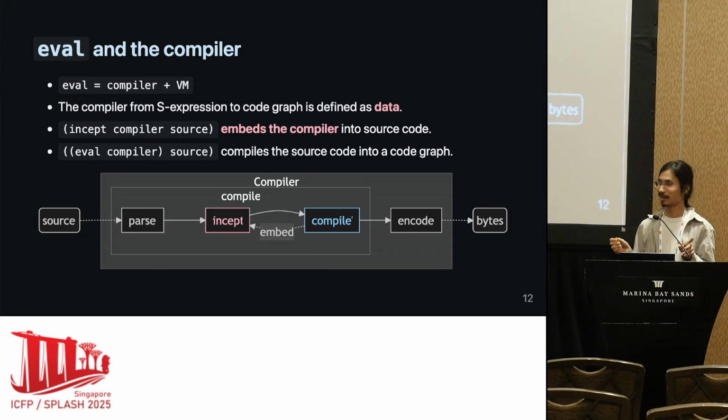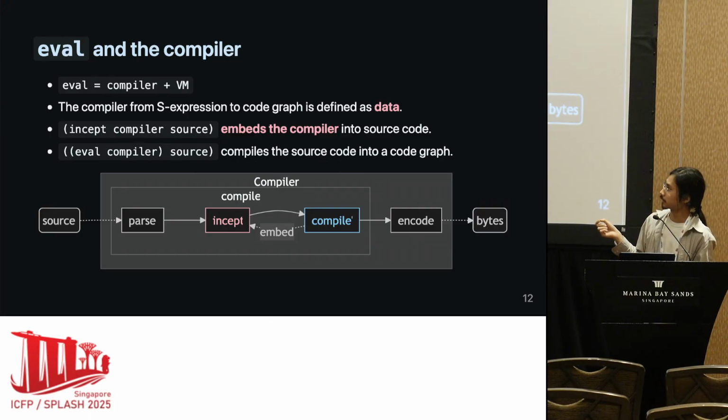When we do that in an R7RS-small implementation, it's going to be really tedious, because we need to maintain both the macro and library systems in two separate implementations of compilers. So instead, what we do in Stak Scheme is that we reuse a part of the compiler as a component of the eval procedure.